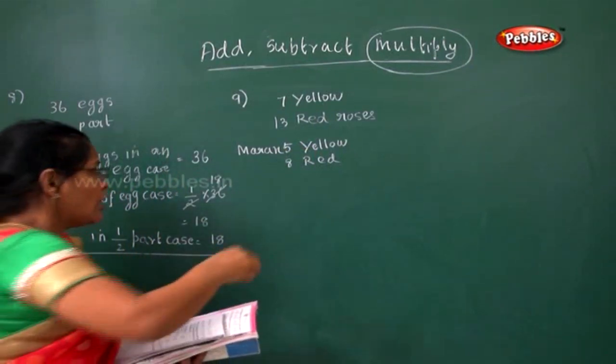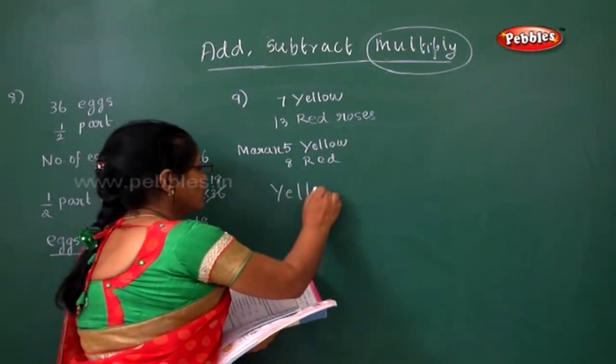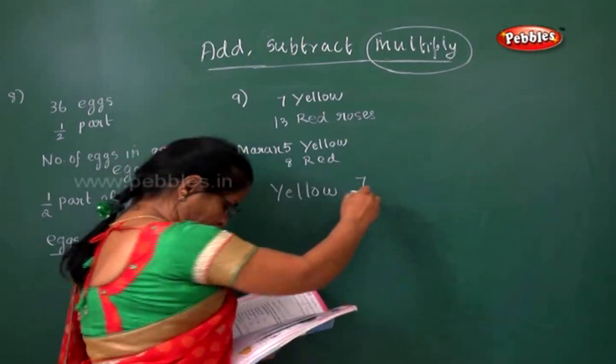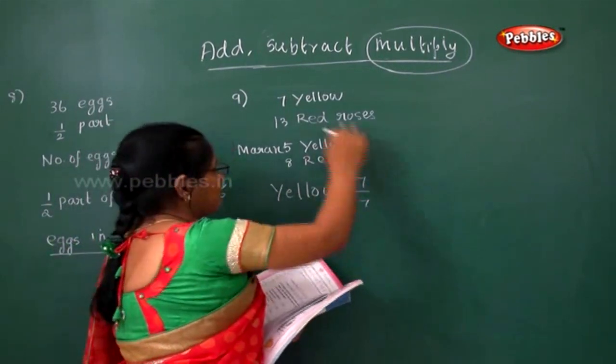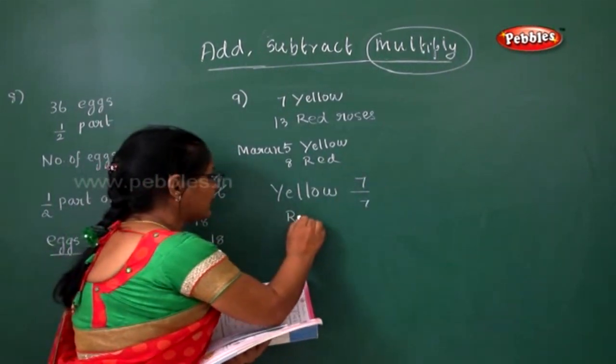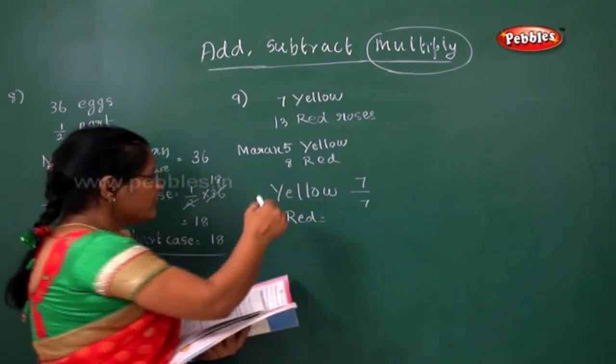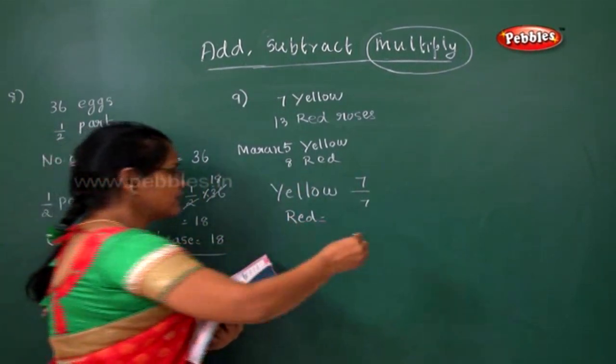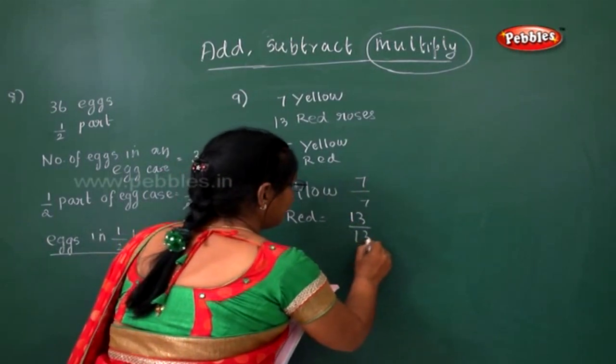Now how will you do it? How many yellow roses are there? Yellow is 7 by 7. And how much is red? 13 by 13.